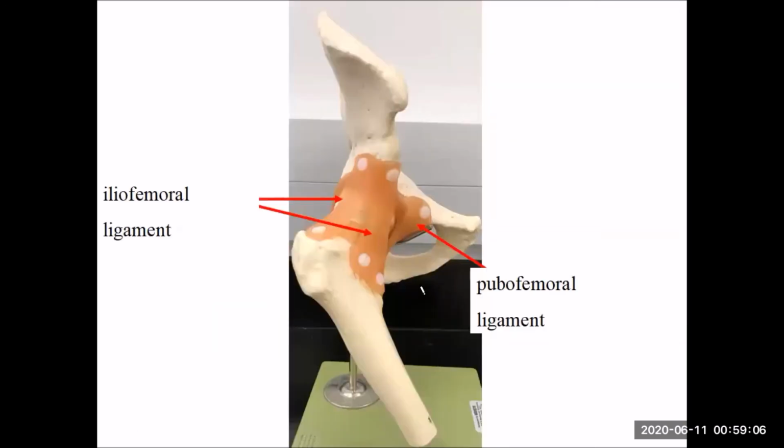And a more lateral view. So again, we can see the two branches that form the iliofemoral ligament structure, the two sections. A better view, I would say, here from the pubis going towards the femur, the pubofemoral ligament.